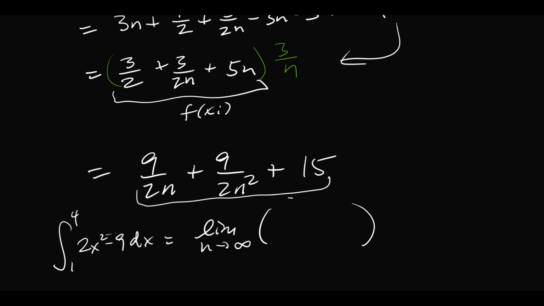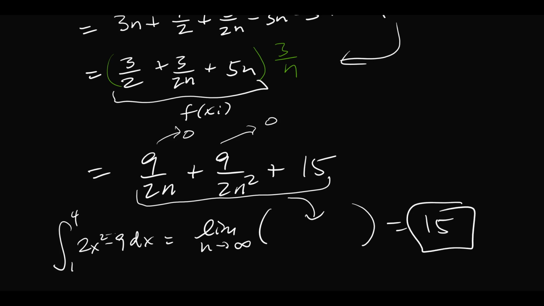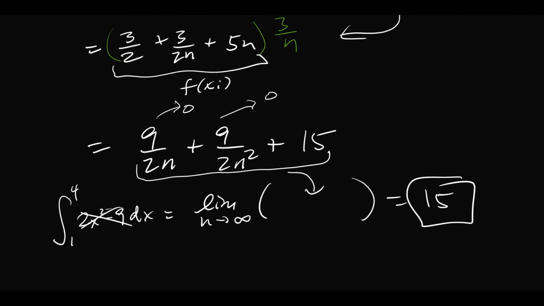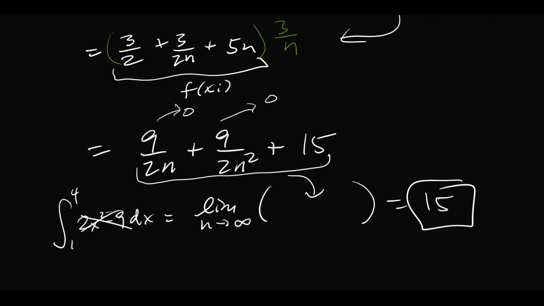All of this goes inside here. And as n goes to infinity, the first one goes to 0, the second one goes to 0, and the last one just goes to 15. And that's the answer. And that's how you do these. I'm sorry, 2x squared minus 9 was a different problem. This was x squared minus 4x plus 8. All right, so yeah, there we go.